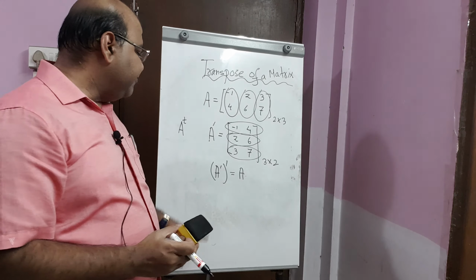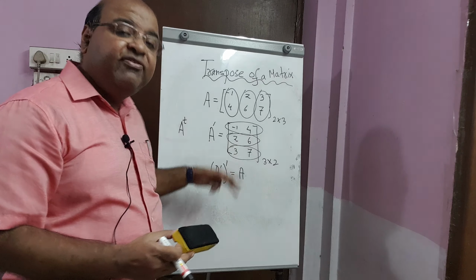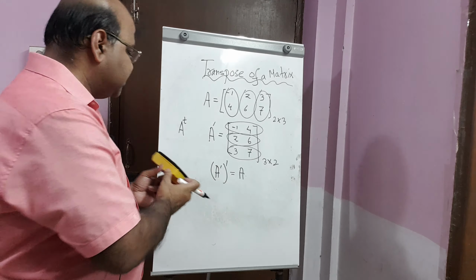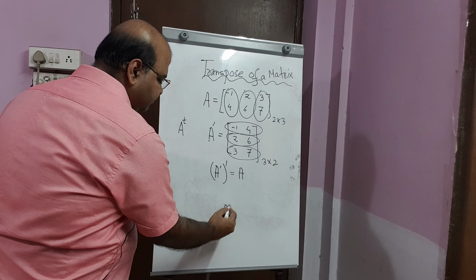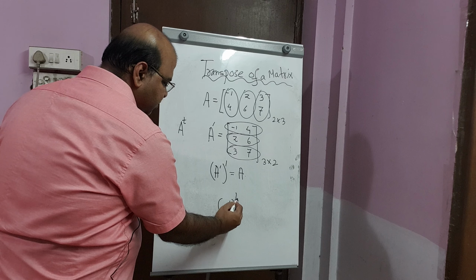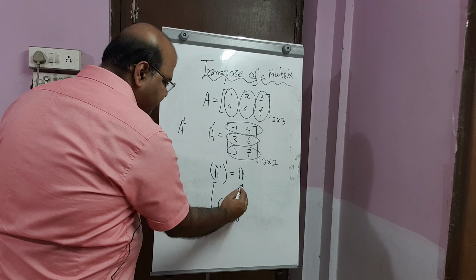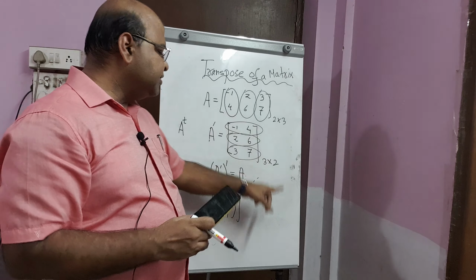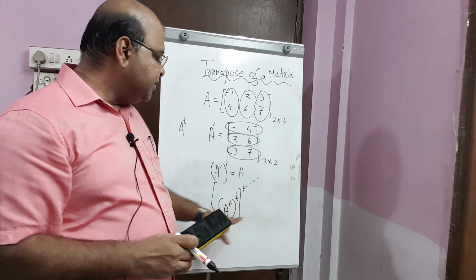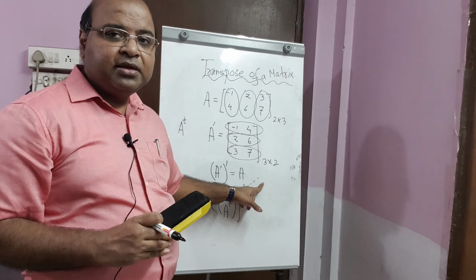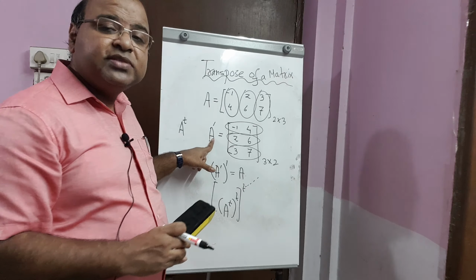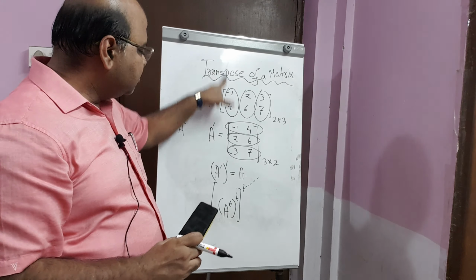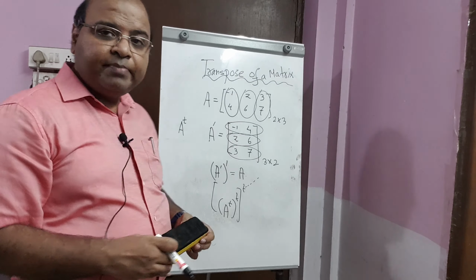In fact, if I apply the transpose operation an even number of times, that is A transpose, whole transpose, again whole transpose, likewise an even number of times, that will give back the matrix A itself. And if we apply the transpose an odd number of times, the result will be A transpose itself. So this is the transpose operation on a matrix.